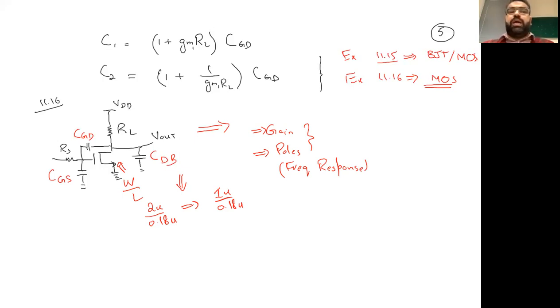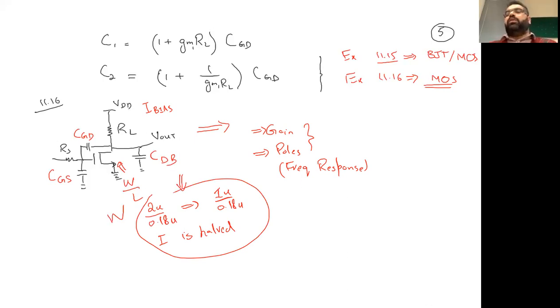The first thing we need to understand is, if the width becomes half, what impact it creates in the overall system. One more thing, they're also saying the bias current I flowing through is also half. So not just the width, I is also half.